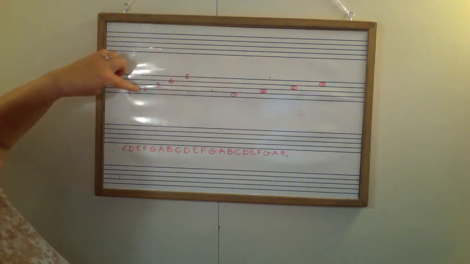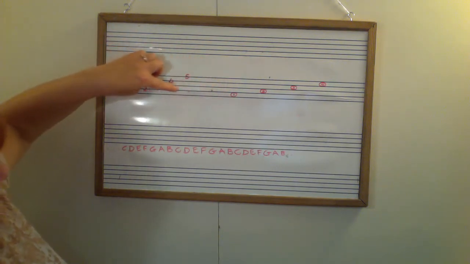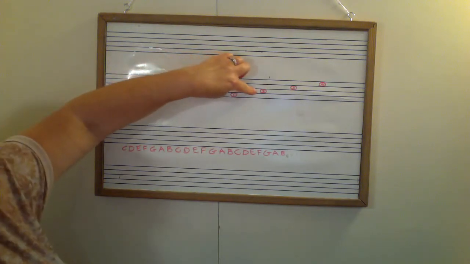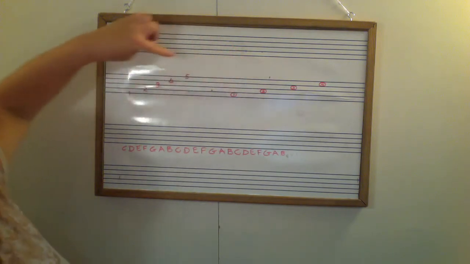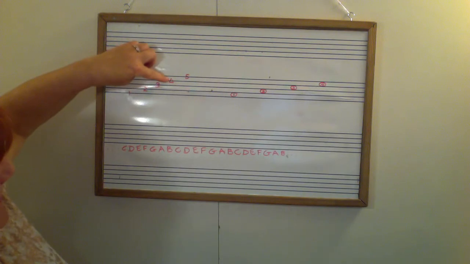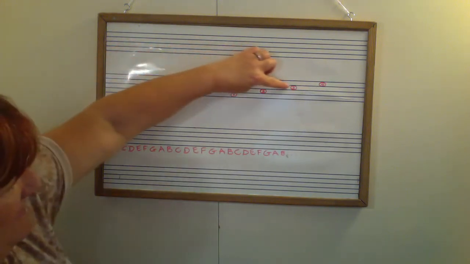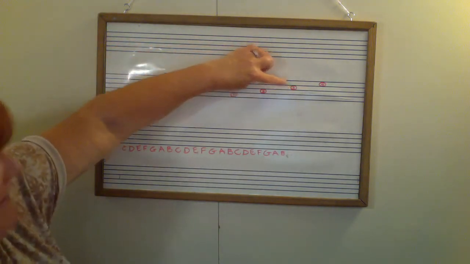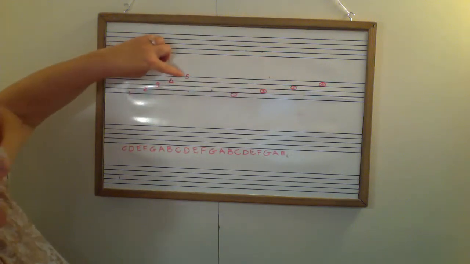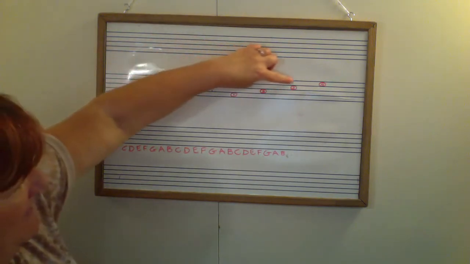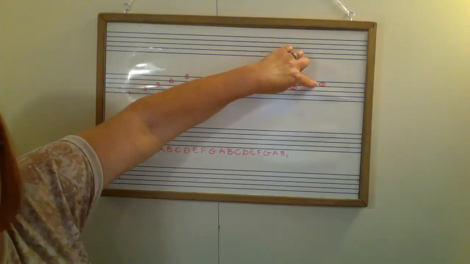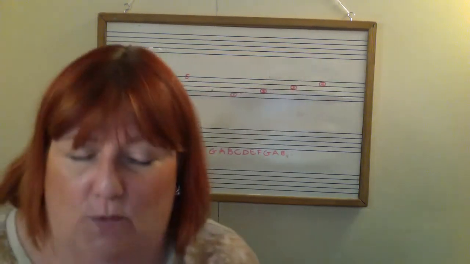And in between this line and this line, there is another space. And in between this line and this line, another space. And between this line and this line, another space.